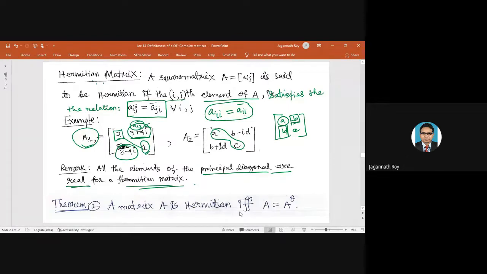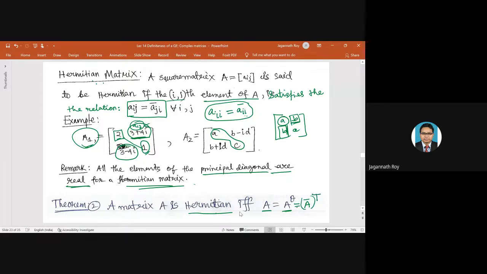Now there is a theorem. A matrix A is Hermitian if A equals A theta. That means take the conjugate and then you take the transpose.